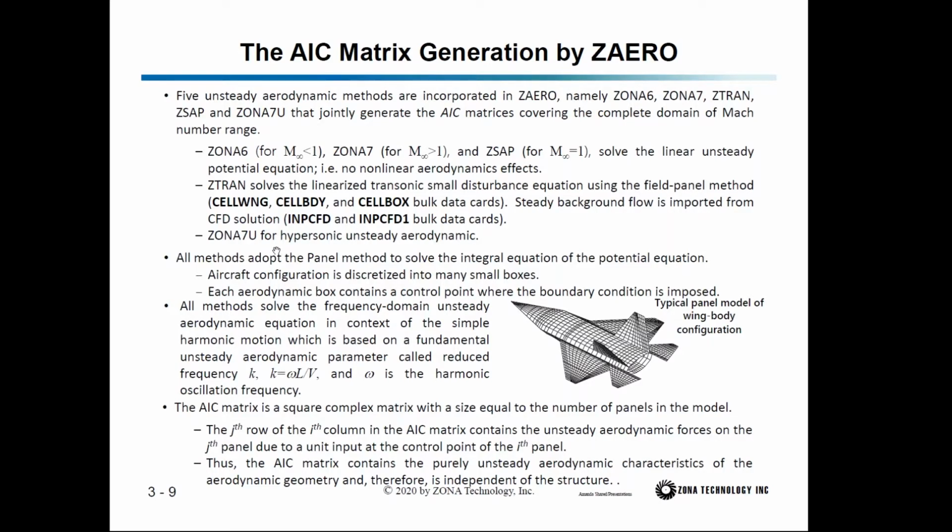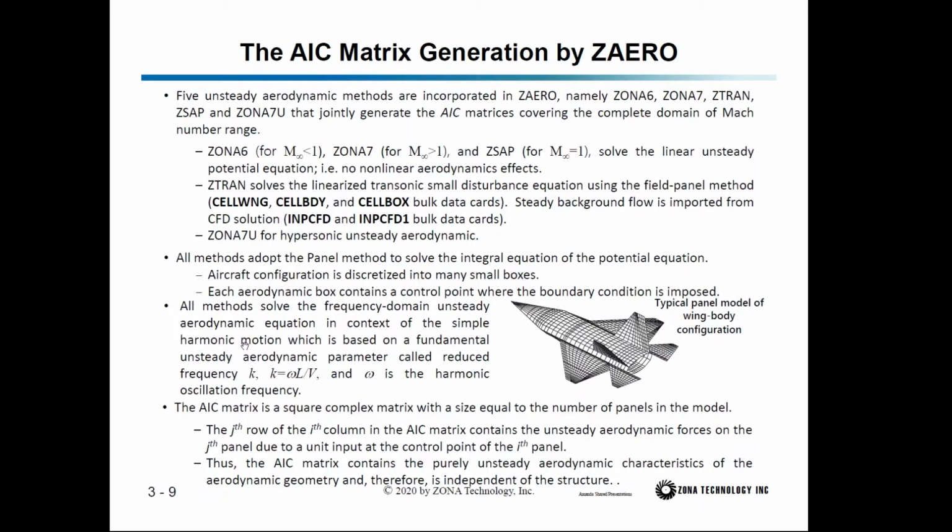And we have ZONA7U for hypersonic unsteady aerodynamics. All methods adopt the panel method to solve the integral equation of the potential equation. First, we have to discretize the aircraft into many small boxes or panels. Each aerodynamic box contains a control point where the boundary condition is imposed.